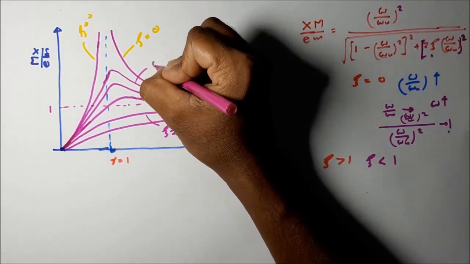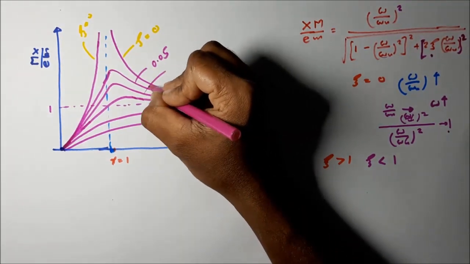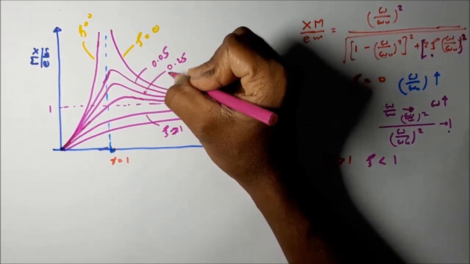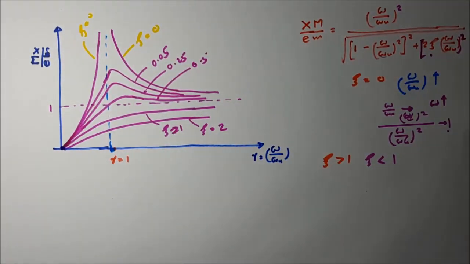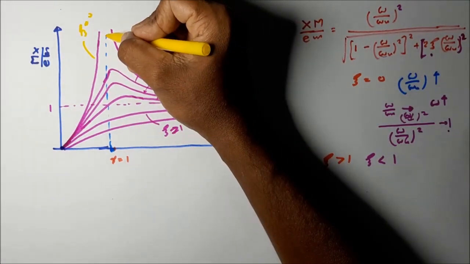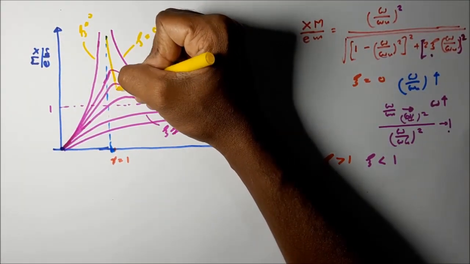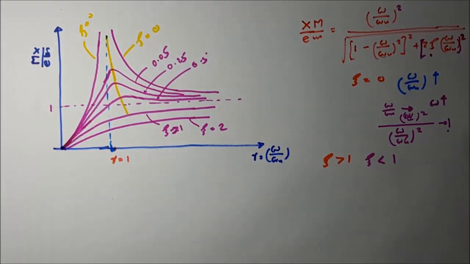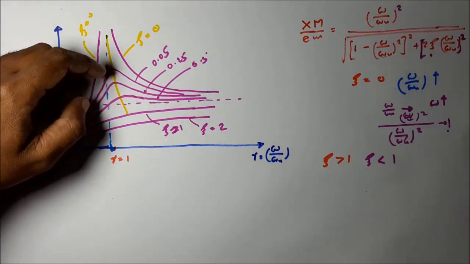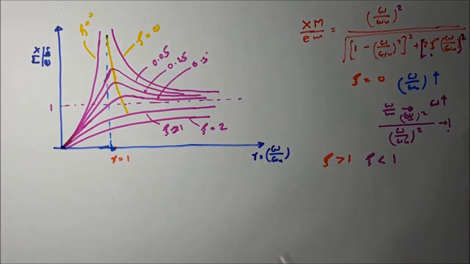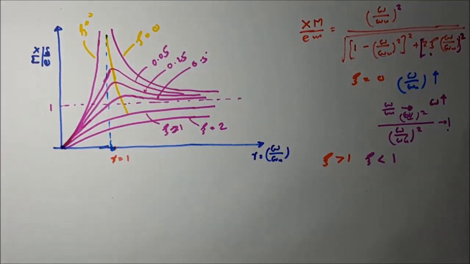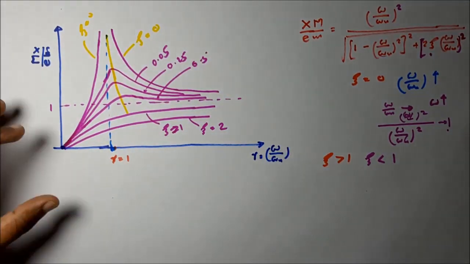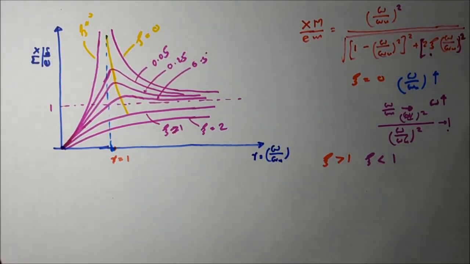This is equal to 0.05, this is equal to 0.25, then this is equal to 0.5, something like this. You can see the maximum normalized magnitude varies when theta is non-zero. This is how we obtain this graph, how the normalized magnitude varies with the frequency ratio by looking at this equation.